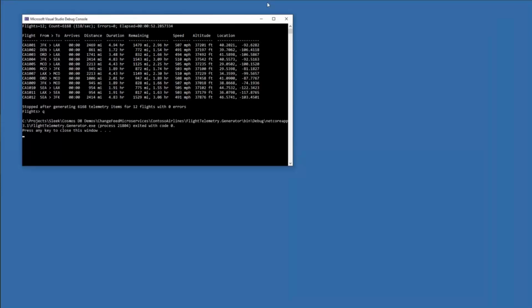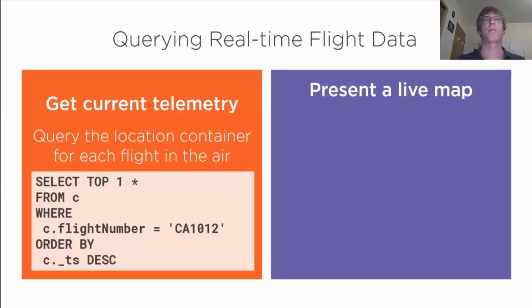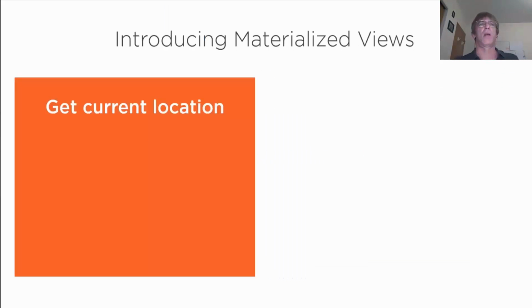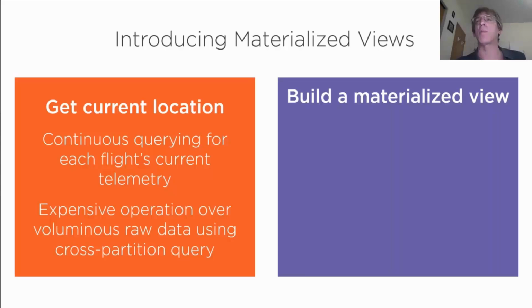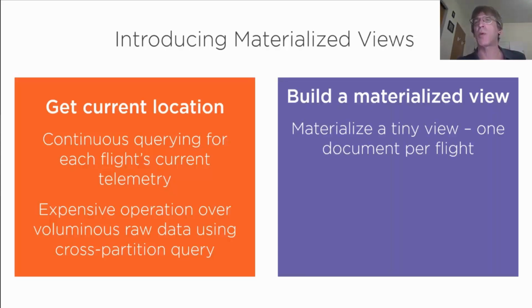And that's where materialized views come in. So we see how expensive it is to query over that mountain of data. Instead, we'll build a materialized view and do it much cheaper. We'll create a tiny container with just the 12 documents in it. That's the simplest kind of materialized view. We're not doing any transformations.